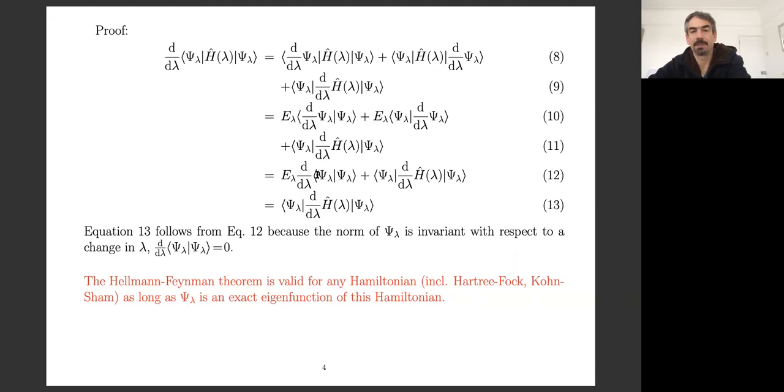And since we're always dealing with normalized wave functions, and these wave functions have a norm of 1 independent of lambda, the derivative of this is 0. So what you're left with is just the third term, and therefore you have proven the Hellmann-Feynman theorem.